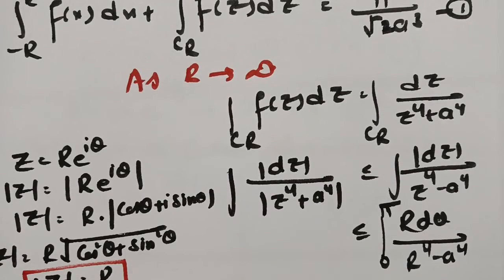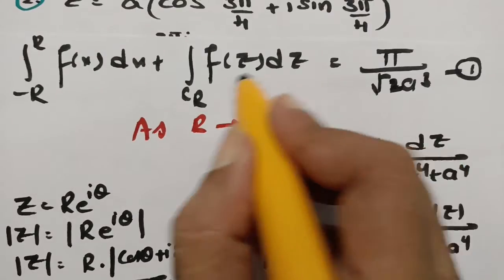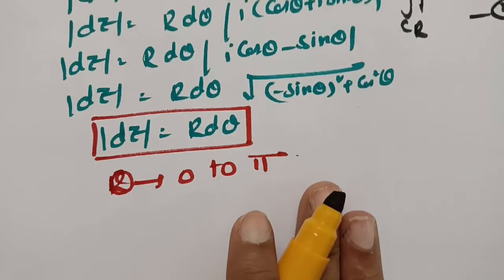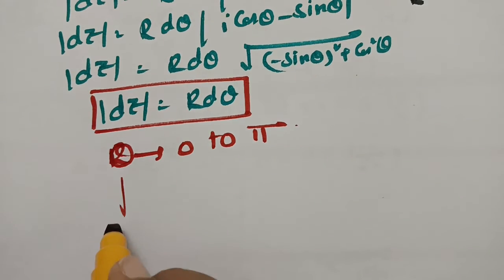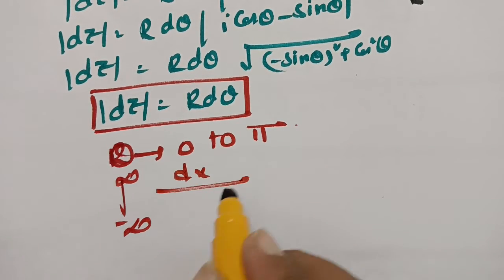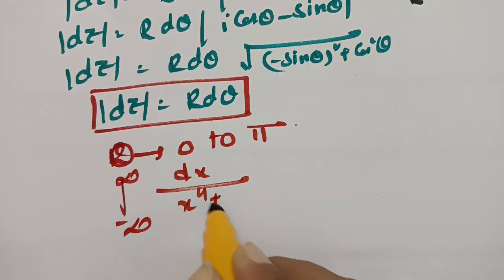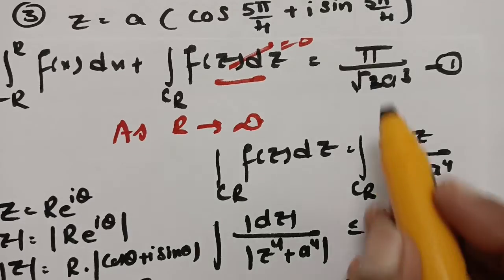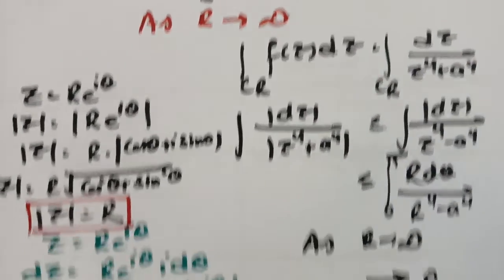And now in this, if I substitute the same thing, this value will be 0. And what remains here, as r tends to 0, is the integral from minus infinity to plus infinity of f of x dx, x power 4 plus a power 4. If I substitute in equation 1, this will be pi by root 2 into a cube.